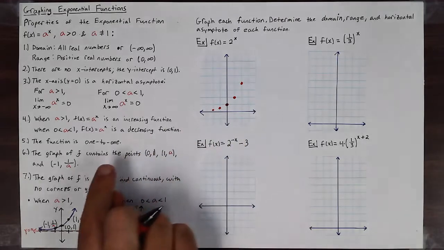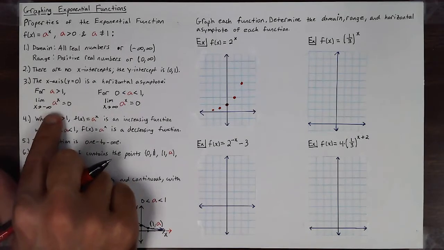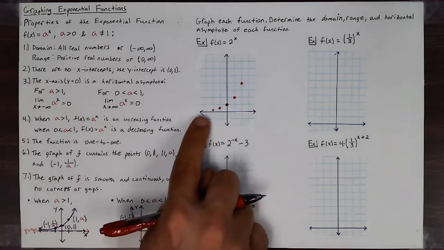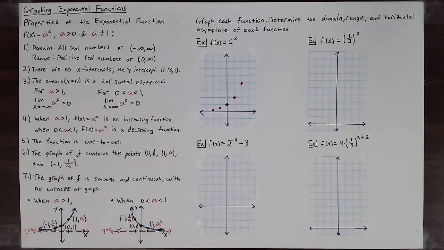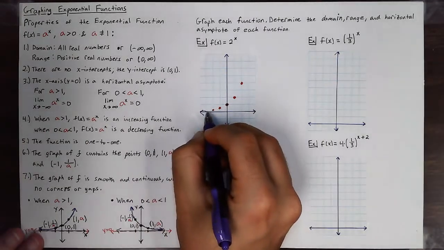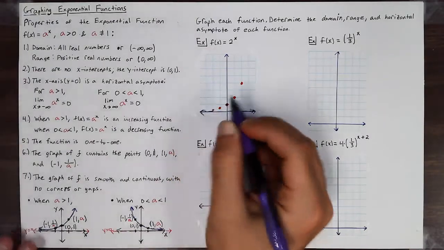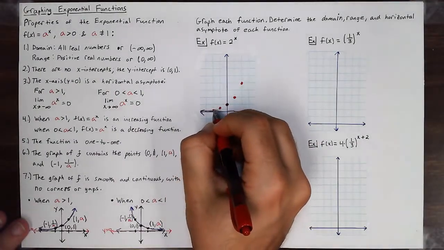That just means that my horizontal asymptote, whenever a is bigger than 1, approaches 0 as x approaches -infinity, meaning as x becomes really negative, it just gets closer to 0. So I'll put a horizontal asymptote there. And connecting the dots, this is what my function will look like.